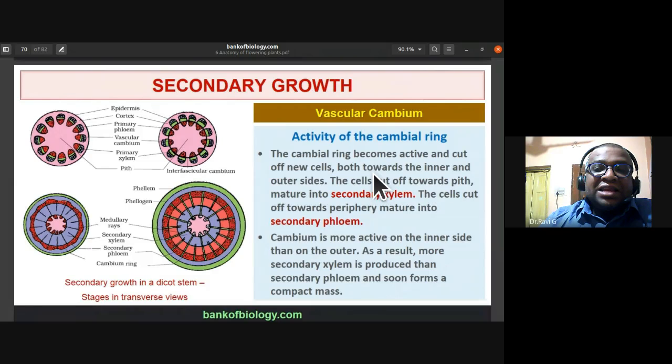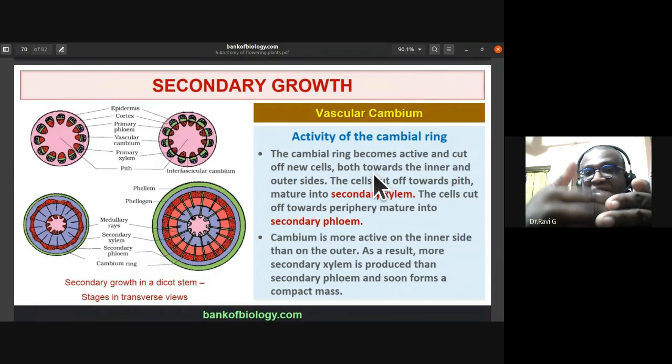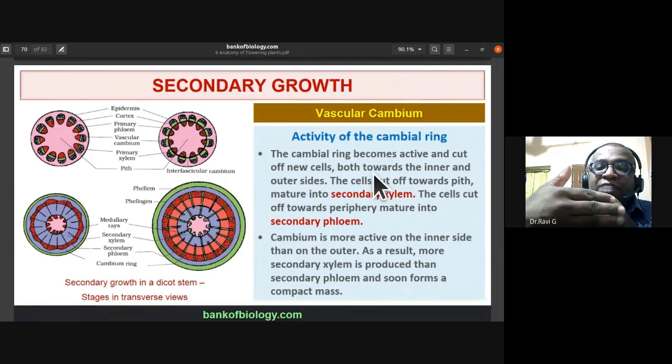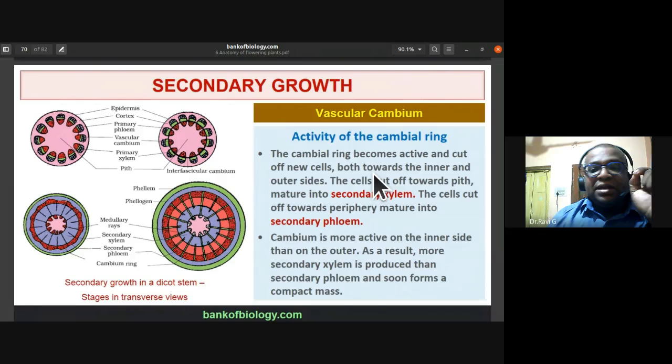The cells cut off towards the periphery form the secondary phloem, and the secondary phloem pushes the primary phloem. Cambium is more active on the inner side, so it produces more secondary xylem than secondary phloem.